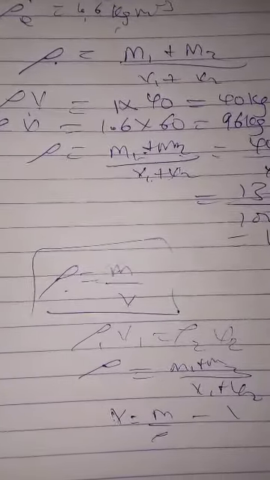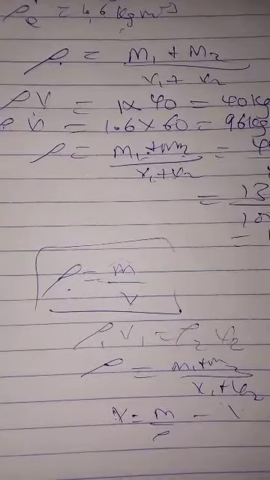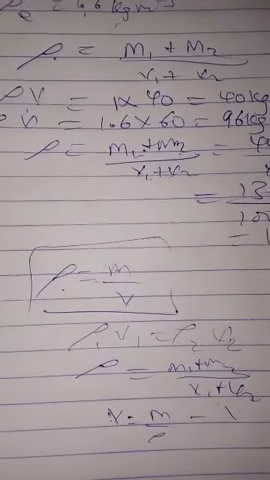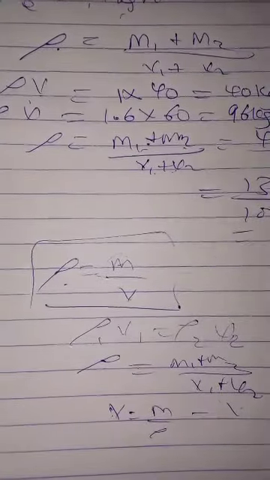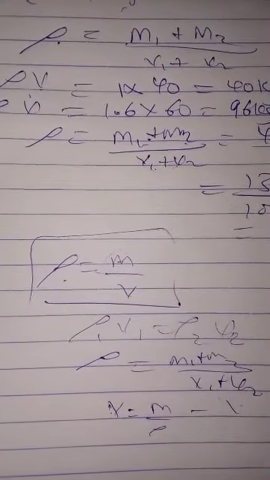Let's move on now. The basis of the calculation of hydrostatics is actually Archimedes' principle. So what does Archimedes' principle say? Archimedes' principle states that when a body is partially or totally immersed in a fluid, it experiences an upthrust.